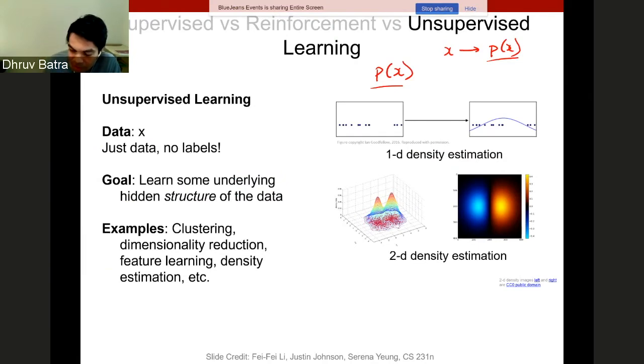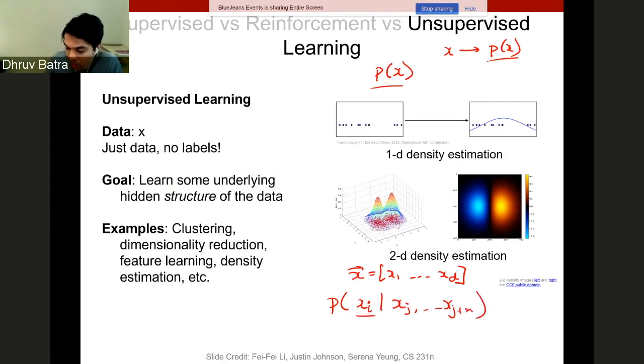And density estimators also allow you to make conditional queries, so that if X is a vector that consists of some subcomponents x1 through xd, then density estimators allow you to ask what happens to xi as I tell you xj or j plus n or some list of variables. I can make conditional queries.